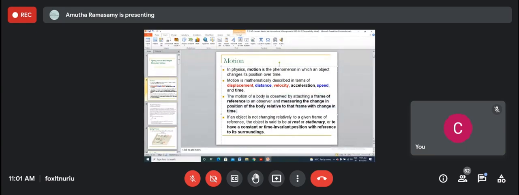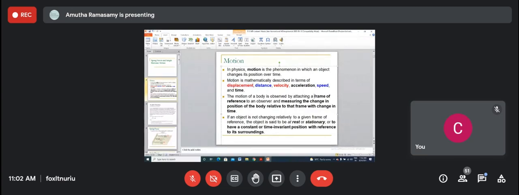And now, the motion of a body is observed by attaching a frame of reference. This is another important concept in physics. We are discussing a motion. Where are we discussing the motion? In the room, in the open air, in space, or within a box, anywhere.